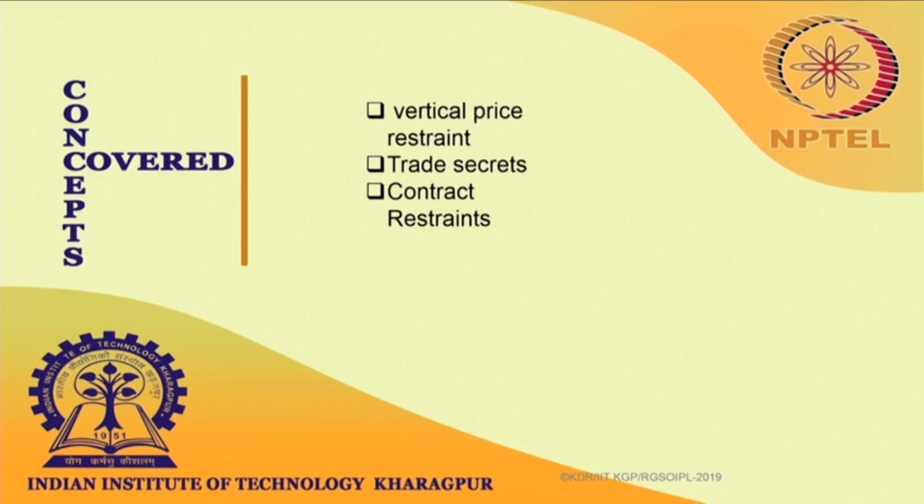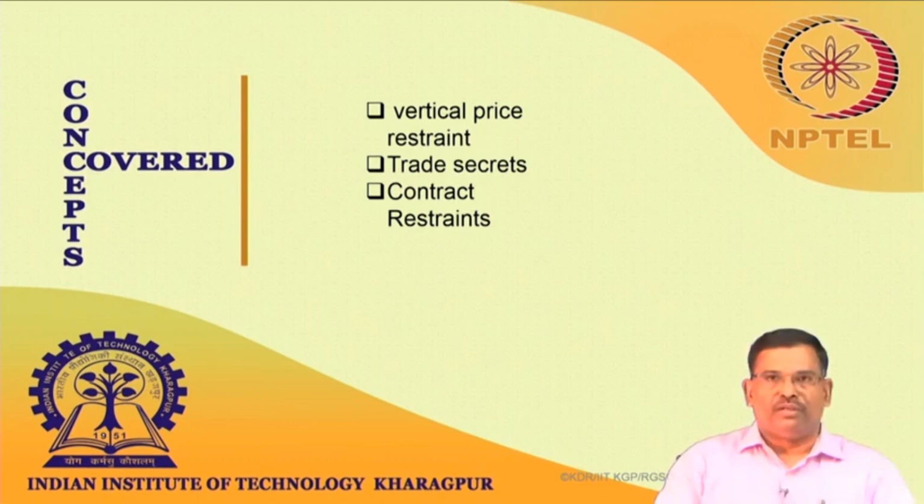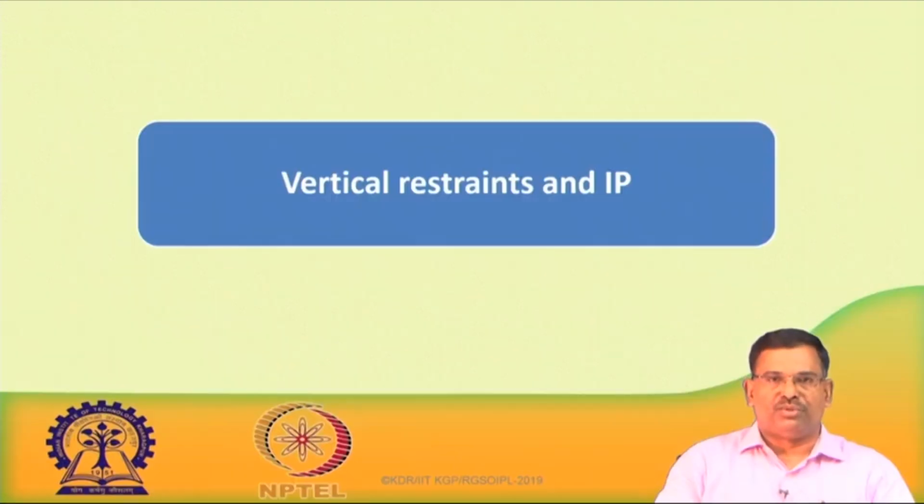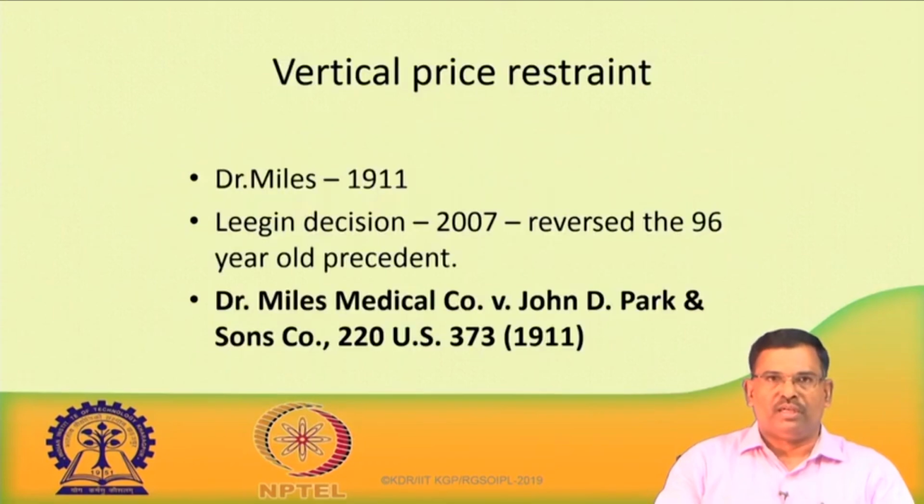This particular case that came before the court is on trade secrets, where the distributors or the manufacturer put contract restraints in licensing agreements. To what extent these conflict with competition law, we are going to discuss in detail, maybe in the last class of the first part of this course.